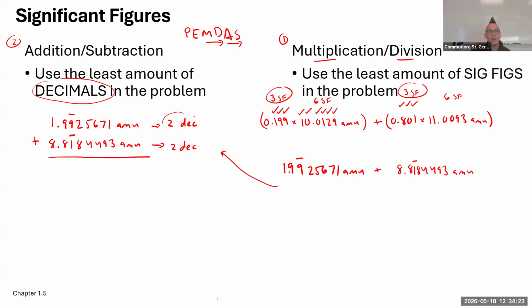So our answer should be in two decimal places. All right, let's add this together. So we have 1.9925671. Put that in my calculator. I got plus 8.8184493.